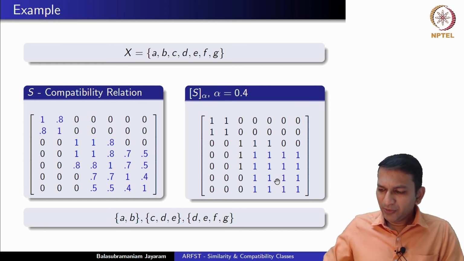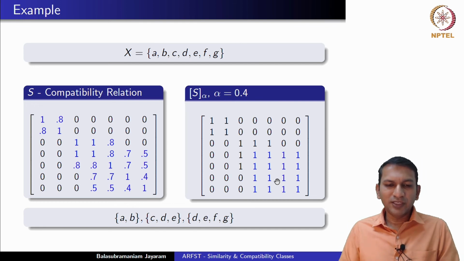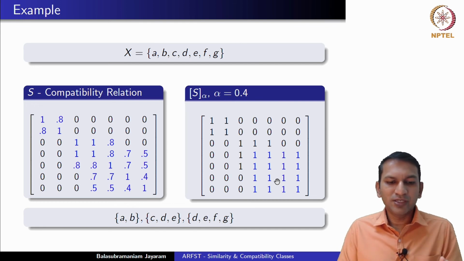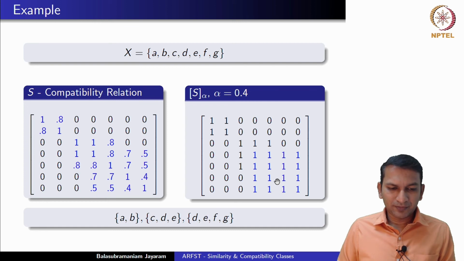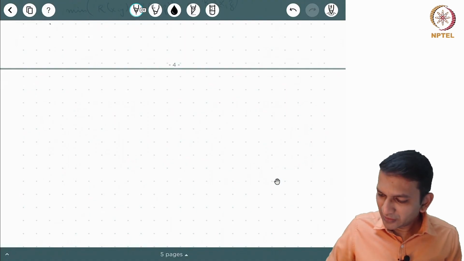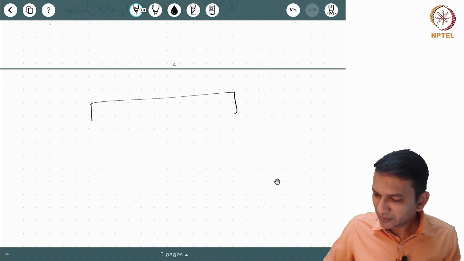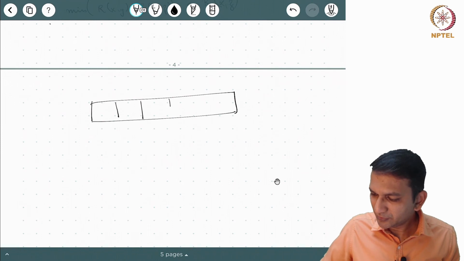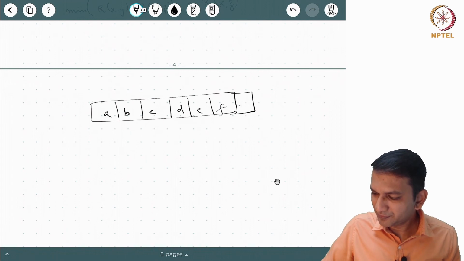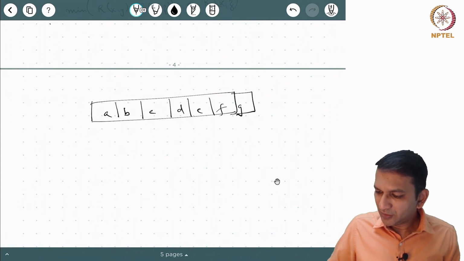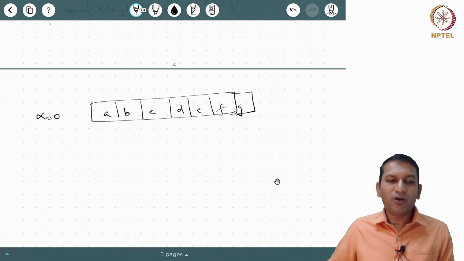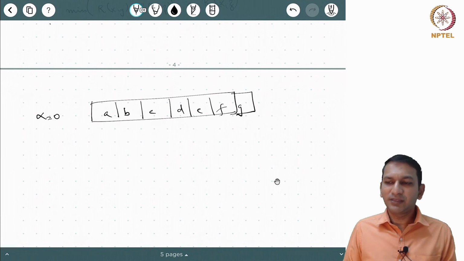Now, allow me to record them differently because when you go one level up, it shows something else also. So what we have is this set X with 7 elements. If alpha is equal to 0 or any value less than 0.4, all of them will form the compatibility class.